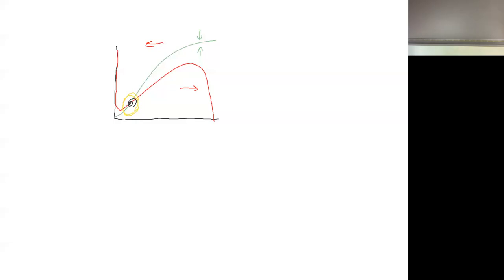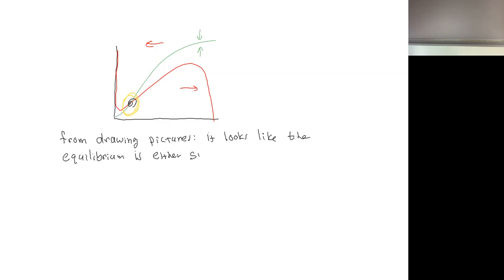So it looks like, so the options, from drawing pictures, it looks like the equilibrium is either stable or there's a limit cycle.